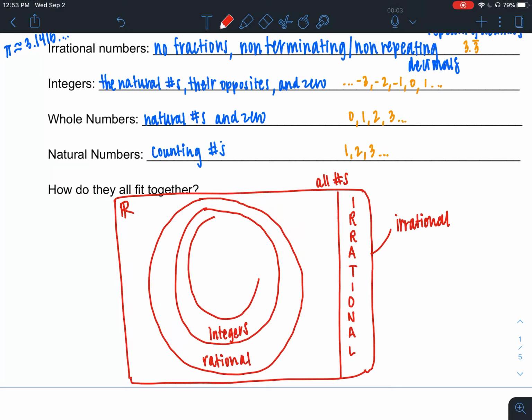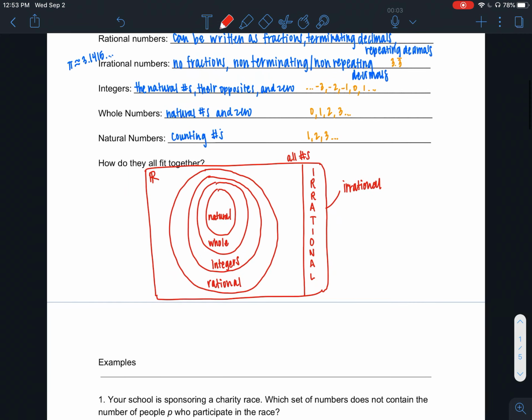Then our whole numbers. And then inside of that we have our natural numbers. Okay, so they keep getting more and more exclusive the closer and tighter you go in.